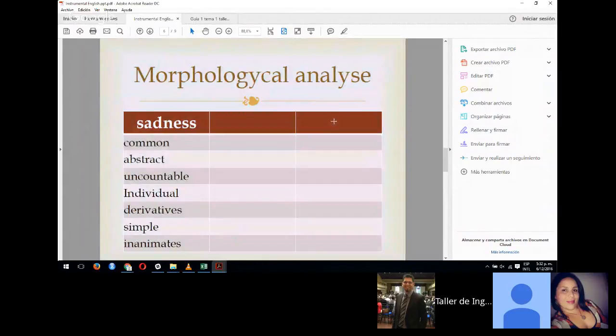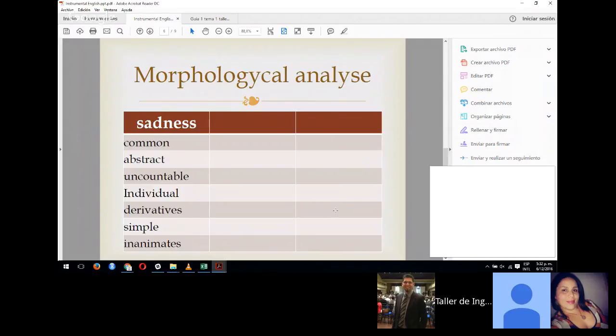Another example. For example, the word France. France, the country. Is it a common or a proper noun? It's a proper noun because it's a place. Is it abstract or concrete? It's concrete because when you go to France, you touch it. Is it uncountable or countable? It's countable because there is one France.